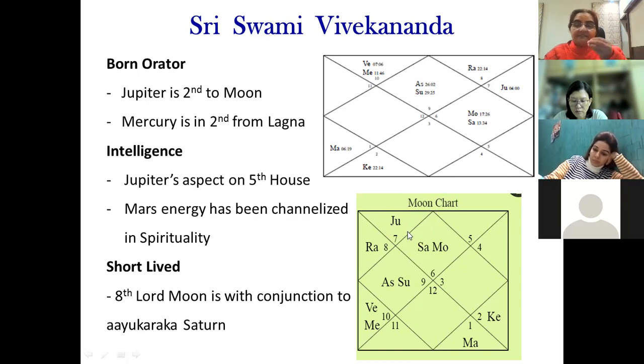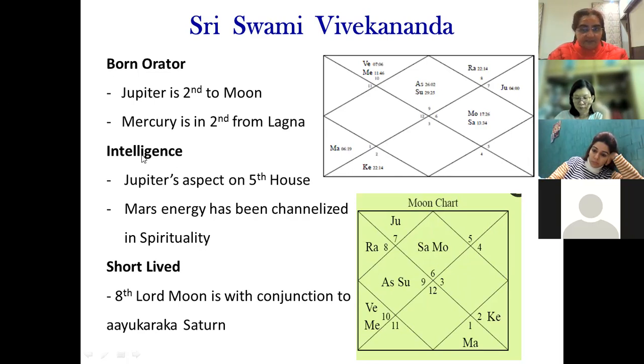And Jupiter makes good oratory skill, both Jupiter and Mercury. They both are teachers, basically. Remember, he was a born orator, and he's known for his speech only, the lecture he gave in Chicago.